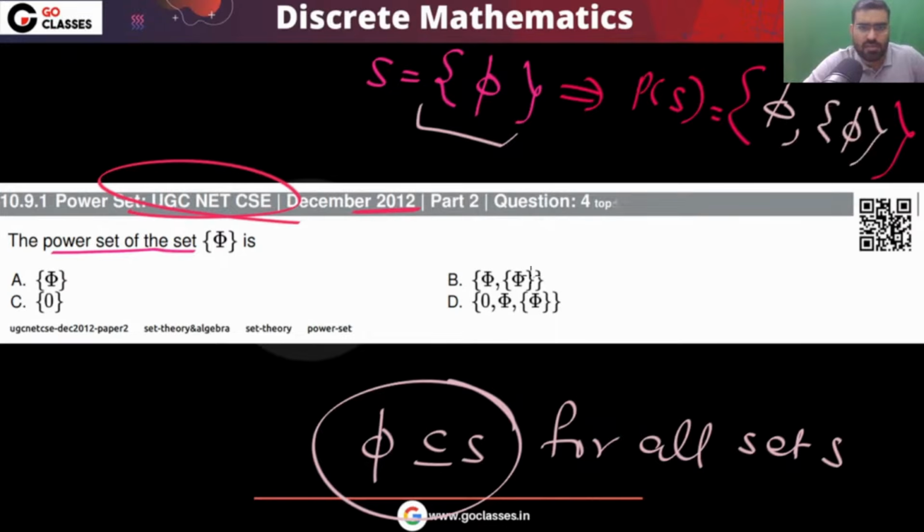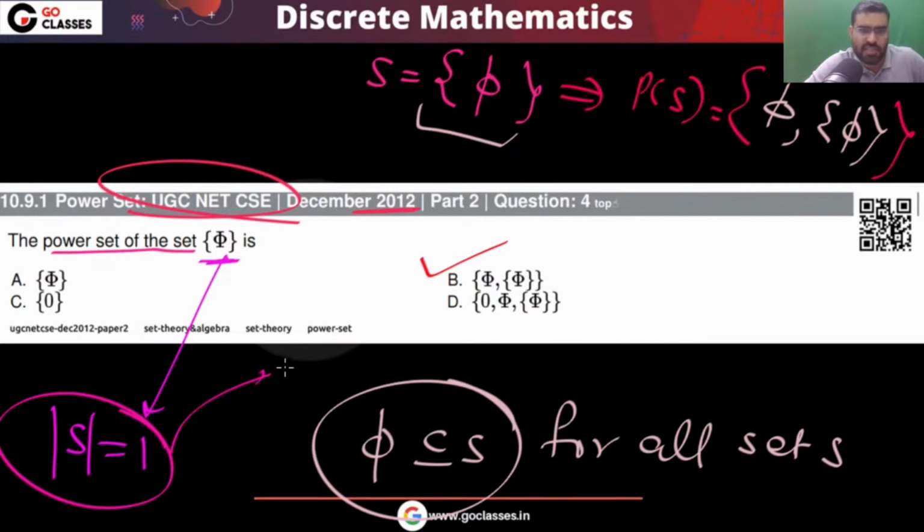So the answer will be option B. You can easily check that this is a set S whose cardinality is 1. So definitely the power set cardinality will be 2. So automatically the answer will be option B.